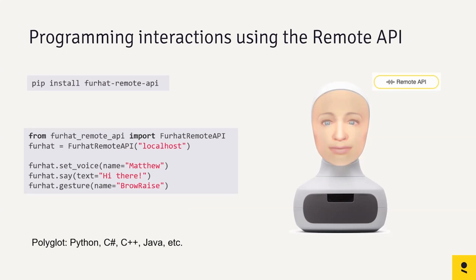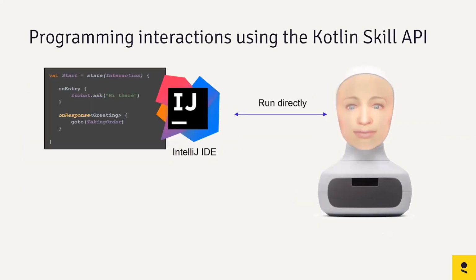We have the Python package, and you just create a Furhat object, point to the address of the robot, and then you can start controlling the robot. As I said, there are also ways of doing this in other programming languages, but it's limited to the basic input-output functionality.